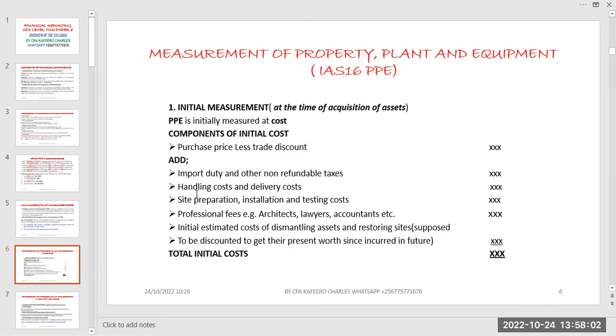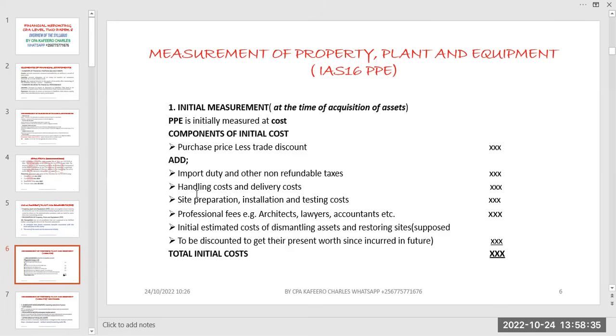If the cost of the asset is 11 million, but someone says pay 10 million, and you take the asset, that discount you are receiving is supposed to be deducted, because it's not supposed to be included, as that's not what you actually paid. The purchase price was supposed to be 11 million, but you actually paid 10 million and they gave you the asset. So it means we are recording the 10 million, not the 11 million.